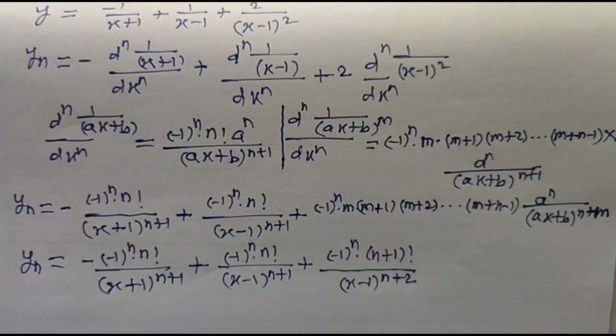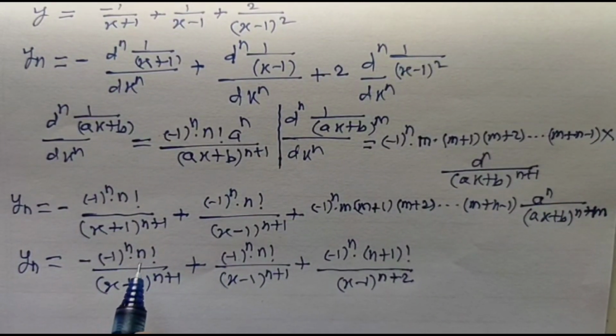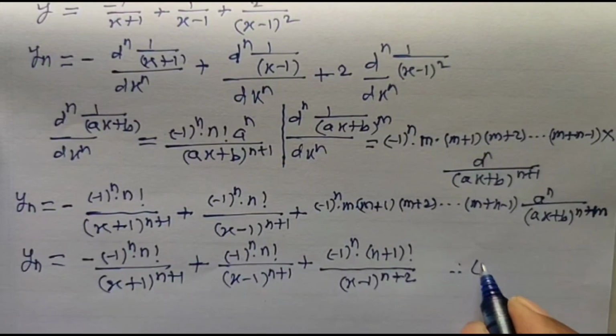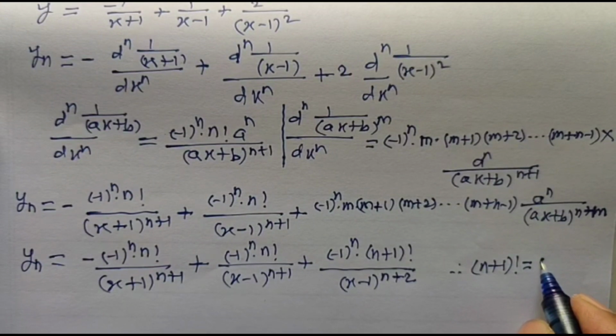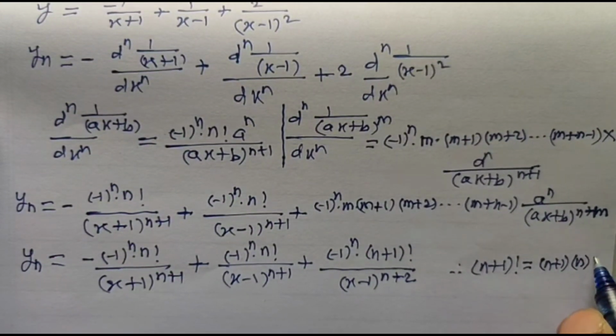If you want, you can take minus 1 raised to n common, and n factorial also you can take common. Since you know (n plus 1) factorial can be written as n plus 1 into n factorial.